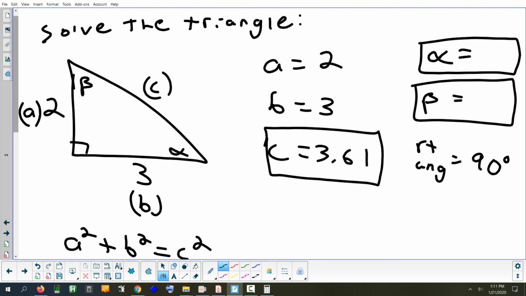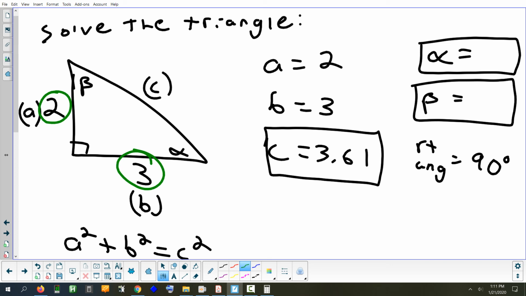It should always be the biggest side, and it did come out as the biggest side here, so that's good. Now, I would not use C to do anything else, because if C is wrong, and you use it to find alpha, now alpha is wrong. And if C is wrong, and you use it to find beta, now beta is wrong. So in order to find alpha and beta, I'm going to use the two sides I was given. 2 and 3.